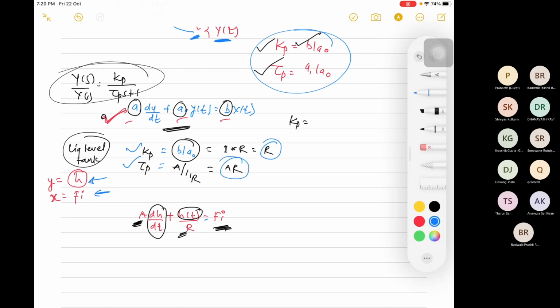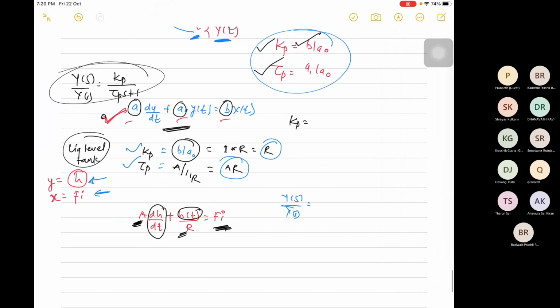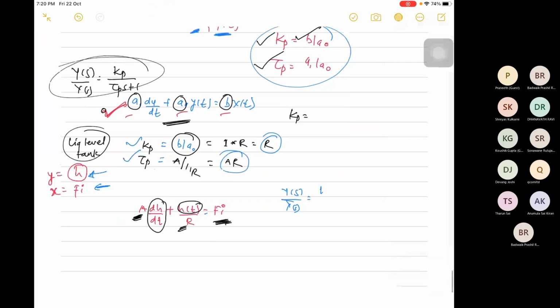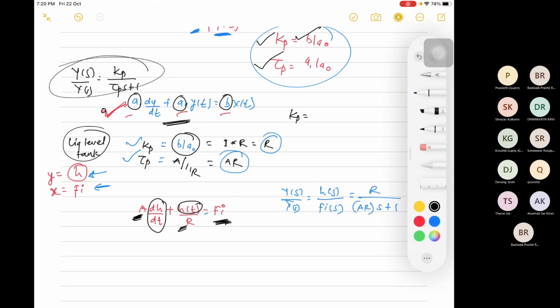What is your equation then? Y of s upon X of s is equal to, what is Y of s? Y of s is H of s divided by, what is input? Fi of s. What is your Kp? R, divided by tau p, which is A into R s plus 1. So you don't need to derive at all. You just find out Kp and tau p and you'll get this equation. Now another example I'm taking.